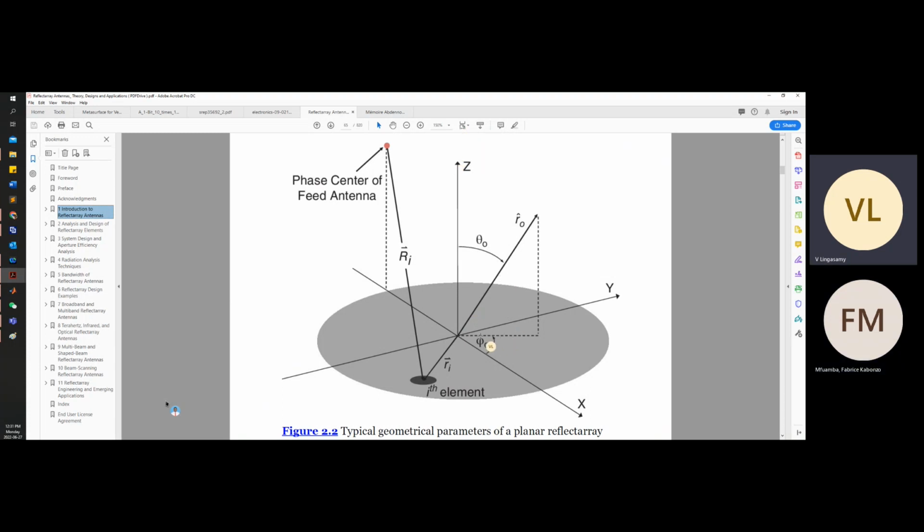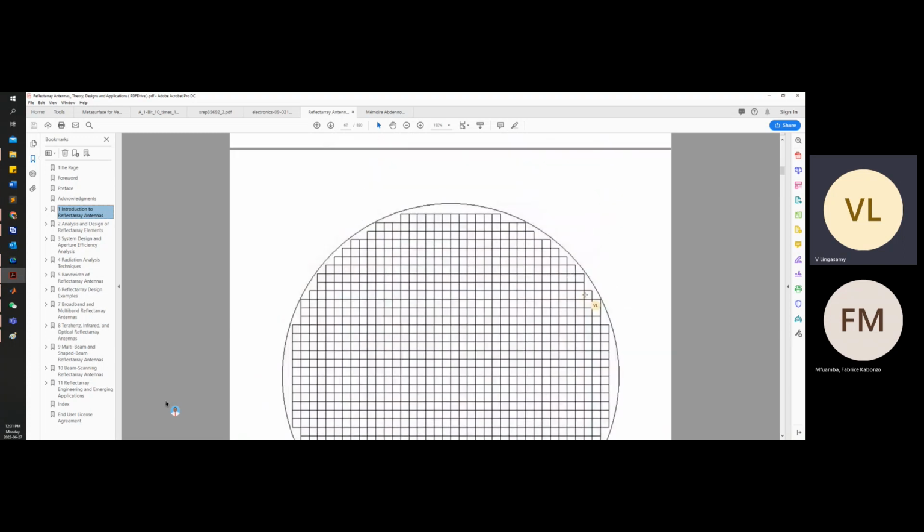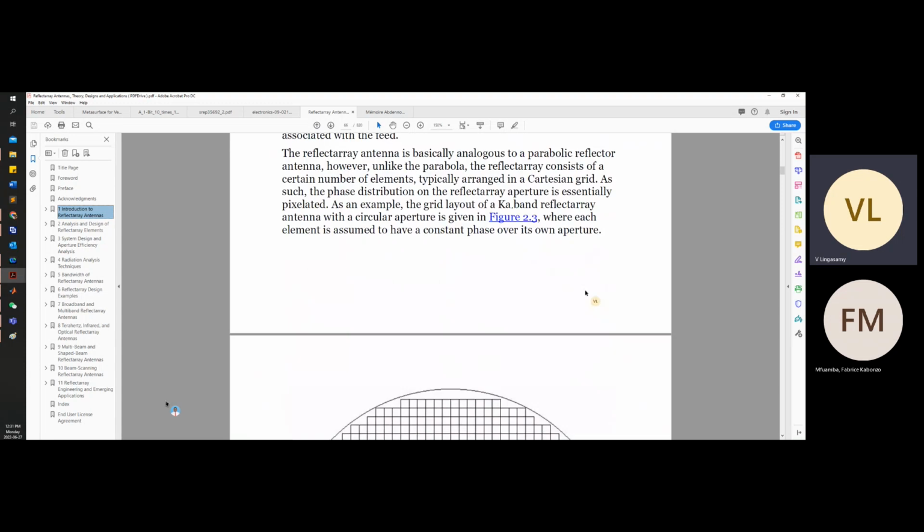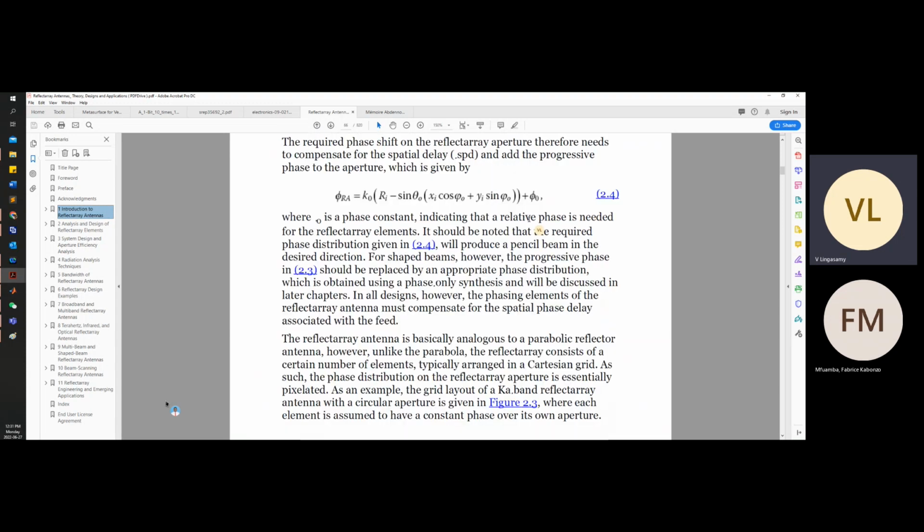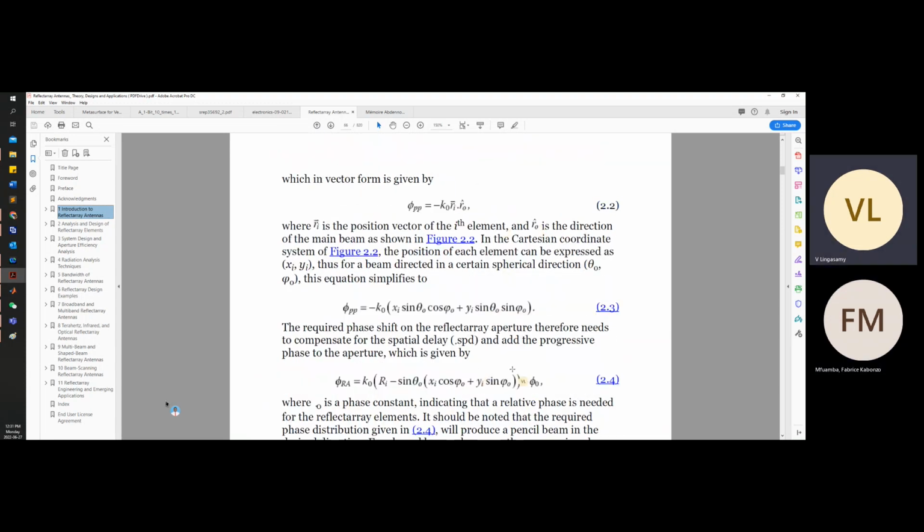So you don't have to bother about this offset, I mean the second terms, these terms sine phi naught. You only have to bother about the distance between your horn and the element, basically. Why are we multiplying with k naught? K naught is basically 2 pi by lambda.